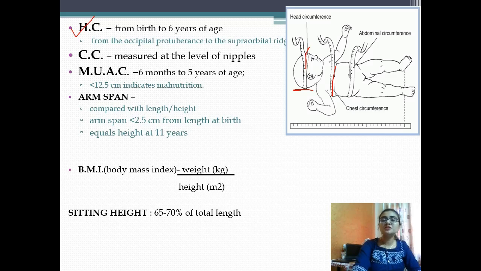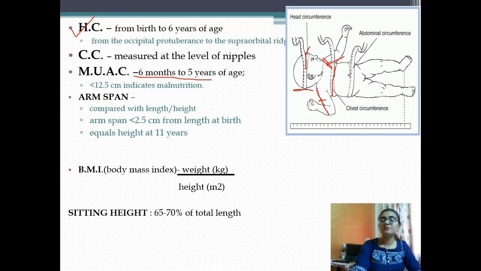Mid upper arm circumference is taken in babies of 6 months to 5 years of age, and it is measured from the acromion process over here to the olecranon process at the elbow region. We draw a line from here to here, then we mark the midpoint of this line.